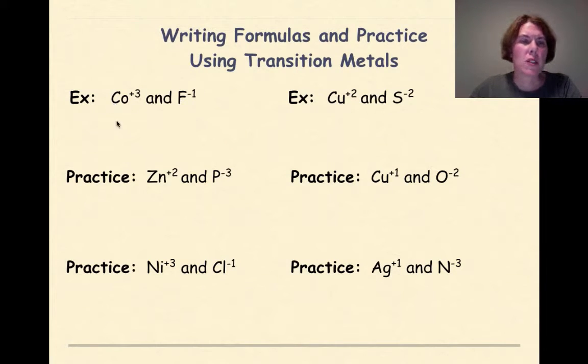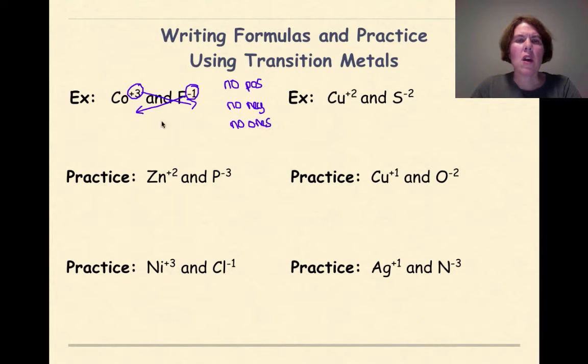So let's look at our first example here. We have Co +3 and F -1. Now, like we talked about in the previous tutorial, all we're going to do is take that number and cross it down to the opposite element. But remember the mantra: no positives, no negatives, and no ones.